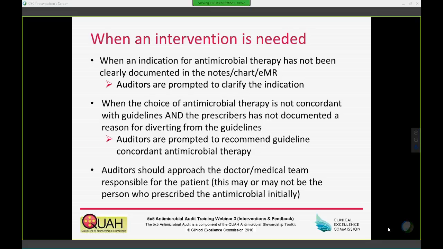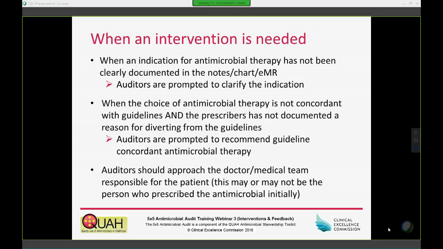Once they do this, the auditor can go on to question 3 and look at whether the choice of antimicrobial therapy is concordant with guidelines. And if the choice is not concordant with guidelines and the prescriber has not documented a reason for diverting from the guidelines, then auditors are prompted to recommend guideline concordant antimicrobial therapy. So they're the 2 key interventions for this audit.